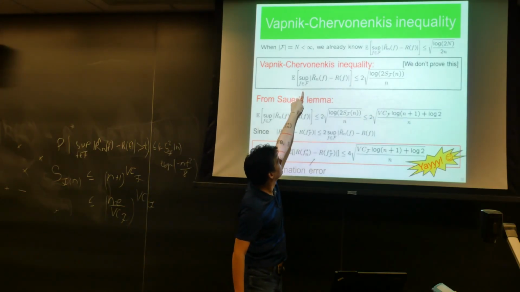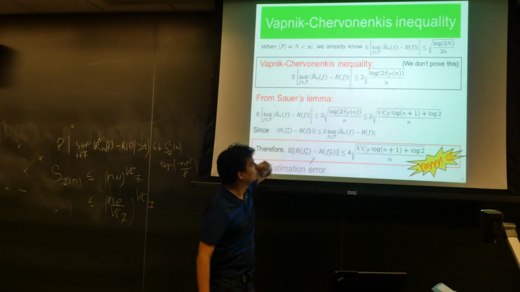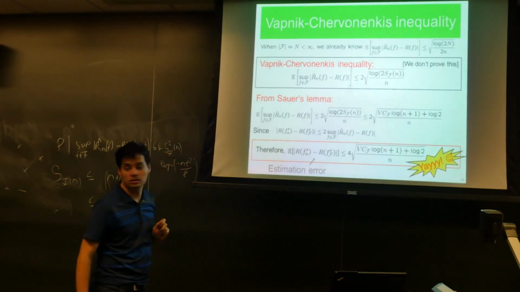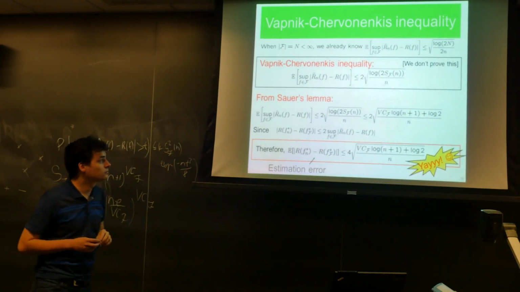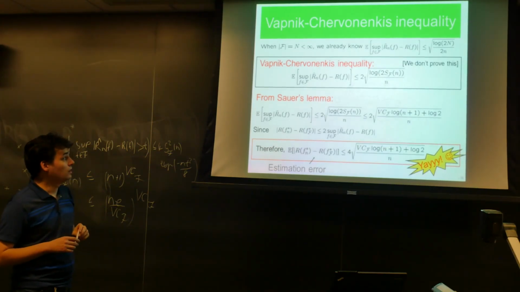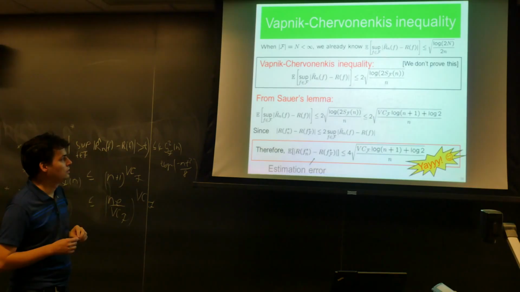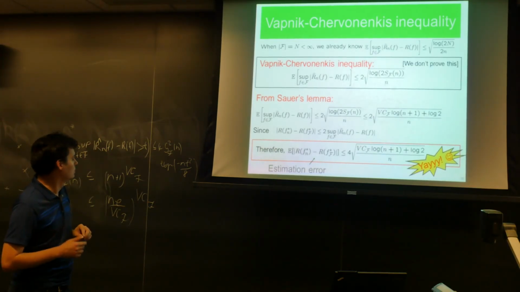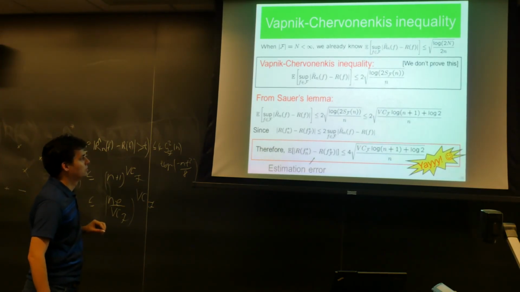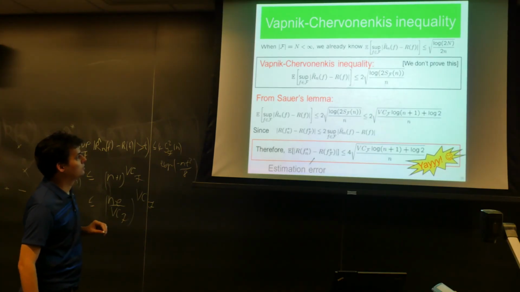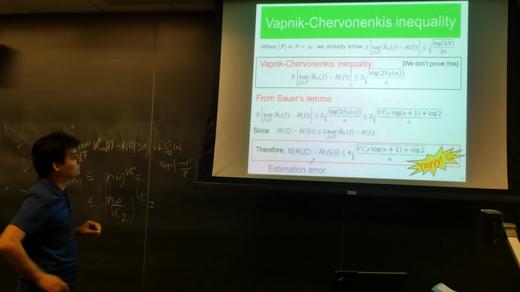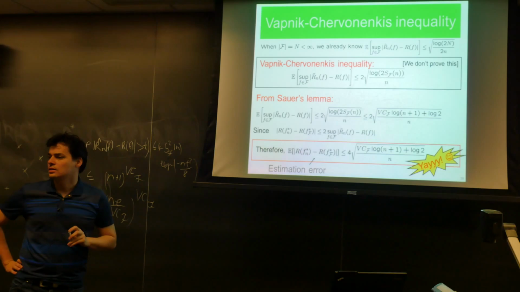Yeah, because S_F(n) is effectively the number of different functions you have. But if you replace big N by S_F(n), why can you do that?